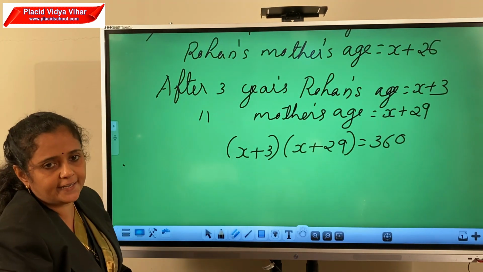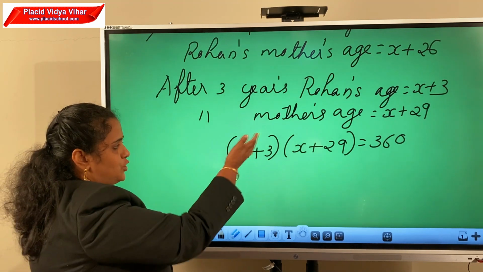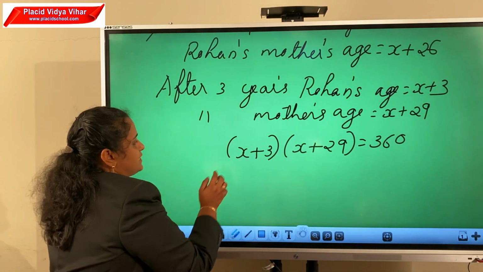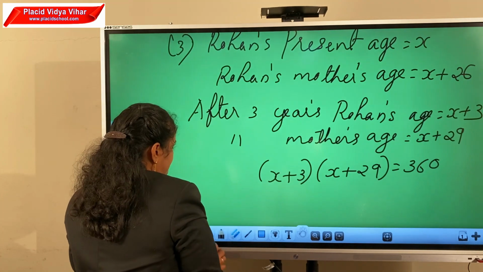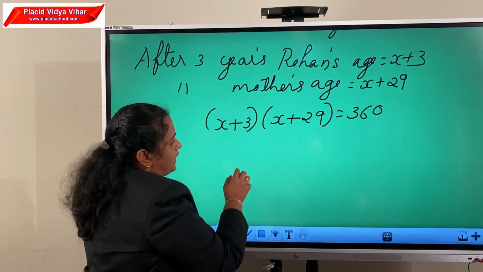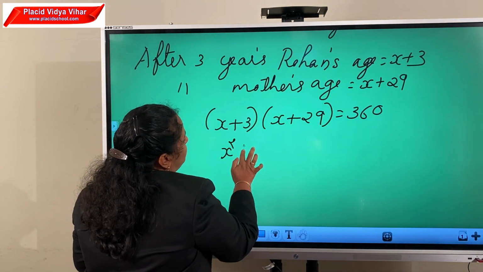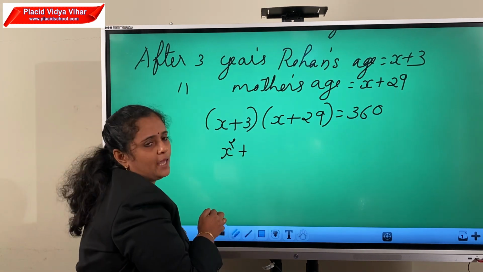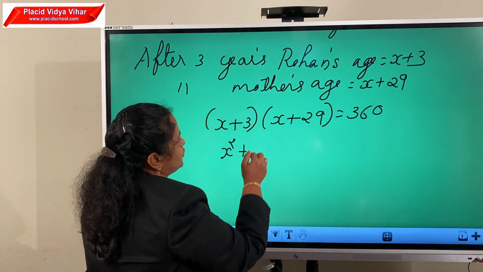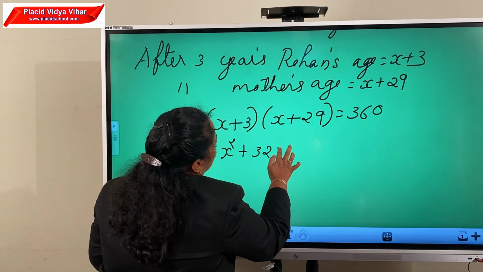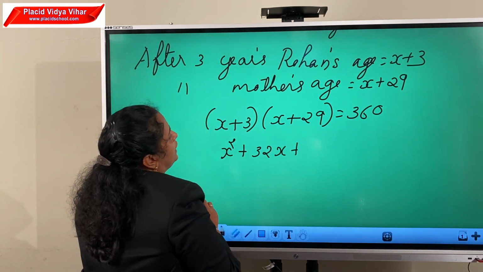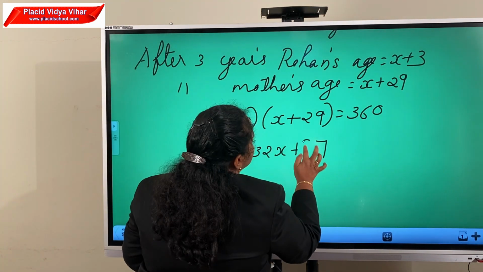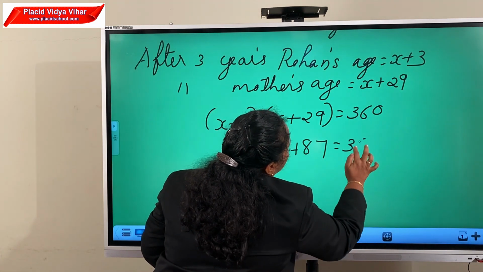Either we can use the identity x plus a into x plus b, otherwise multiply each term. That is x square plus a plus b, where a is 3 and b is 29. 3 plus 29 is 32x, plus a into b, 29 into 3, that is 87, is equal to 360.